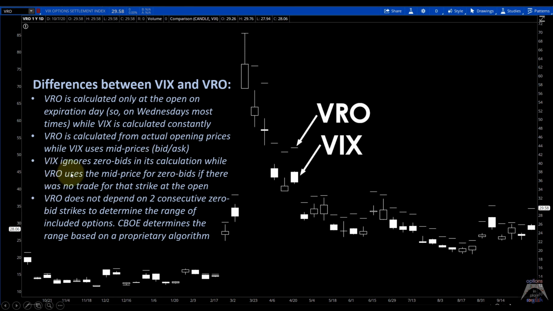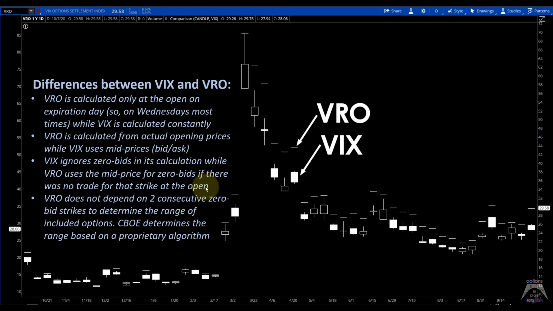The VIX ignores 0 bids in its calculation, while VRO uses the mid price for 0 bids if there was no trade for that strike at the open. So if there's a 0 bid, say for example there's an option that's 0 by 5 cents, bid ask, for VIX that's not going to go into the calculation.